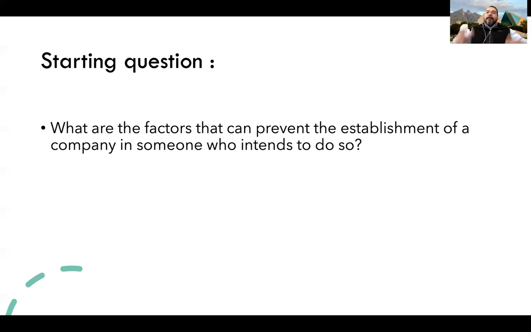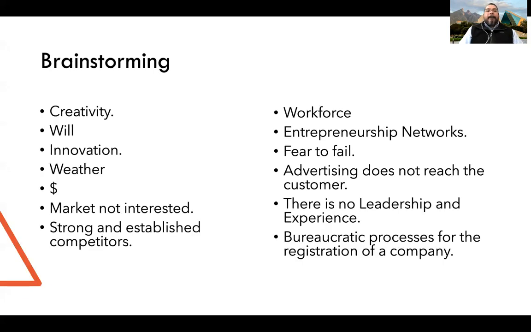So you are an entrepreneur, but not all entrepreneurs accomplish their ideas. They establish a business. Many of them are lost in that process of establishing an entrepreneurial idea. So what makes them not do so?